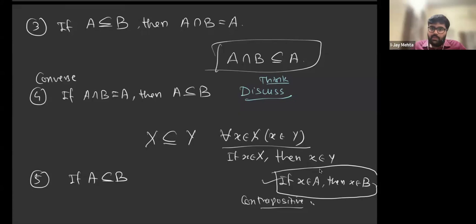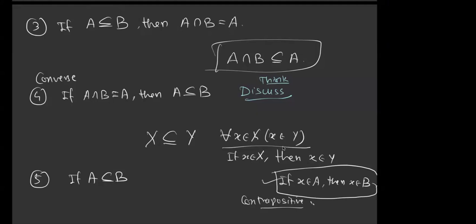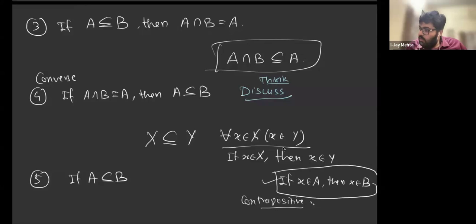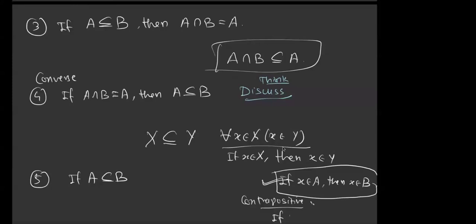If P then Q, then the converse is if Q then P, right? What is the contrapositive? Room number 5, Rani. Sir, if not Q, then not P. Yes, but here, what is the contrapositive of this statement? If X does not belong to B, then X does not belong to A. Yes.